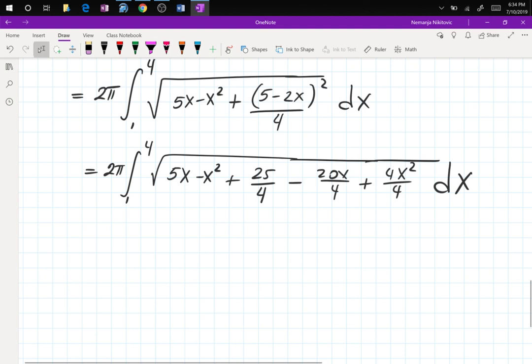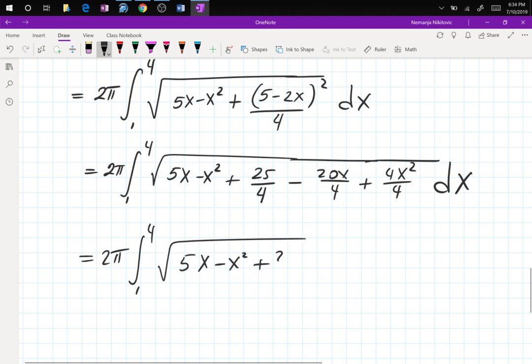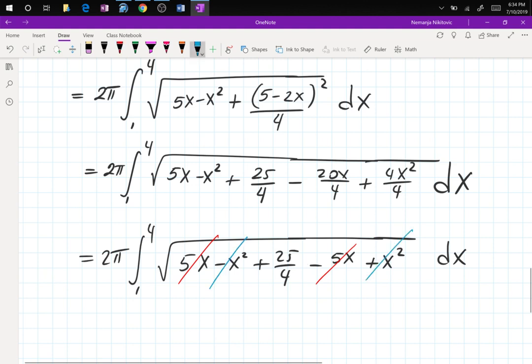Well, this is awesome. Look what happens. A lot of stuff will cancel here. We have 5x minus x squared plus 25 over 4 minus 5x, right? 20 divided by 4, plus x squared dx. So minus 5x and positive 5x die off, and then minus x squared and plus x squared cancel out.